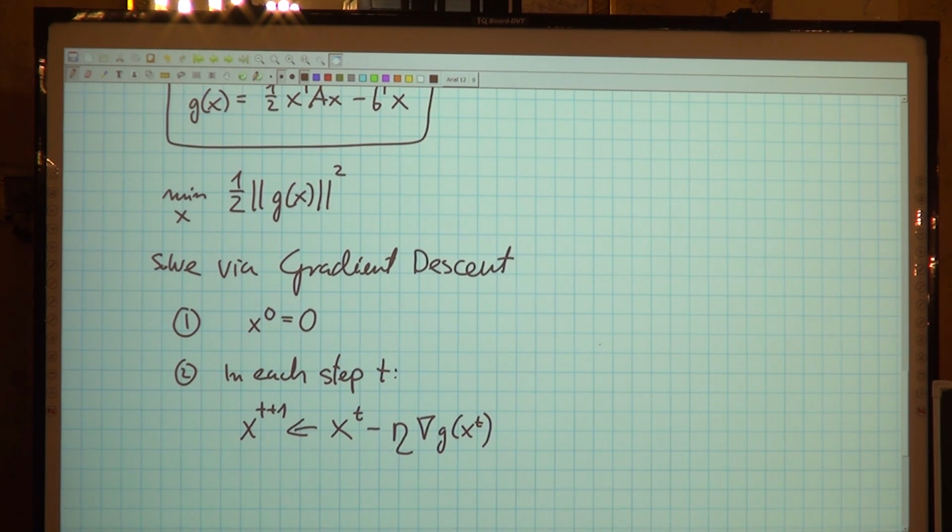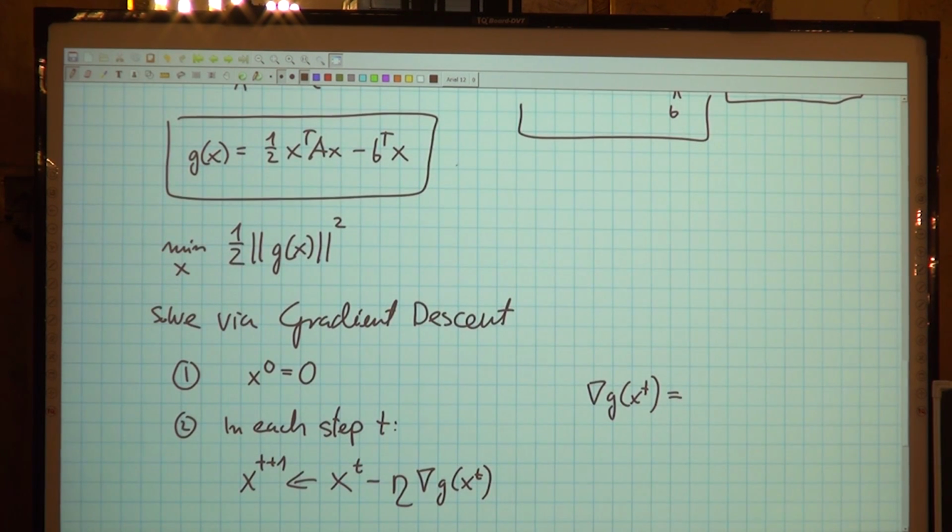Now, what is the gradient of g? Let's just work it out. It's multivariate, but you will quickly get the gist of it. What you will get is Ax minus b. So this is the right hand side error of my current solution x_t.